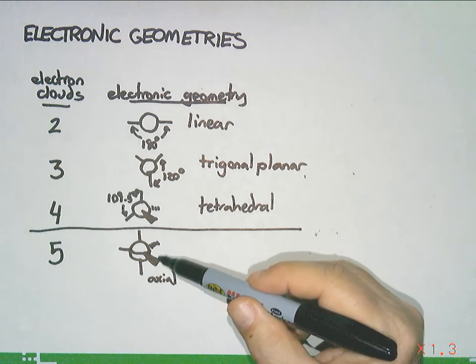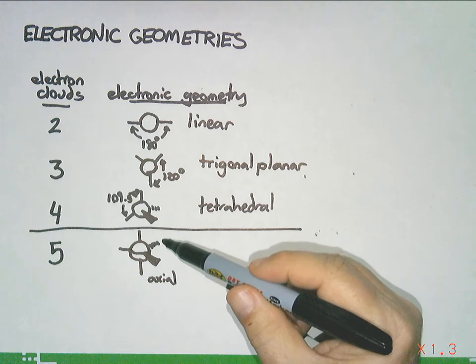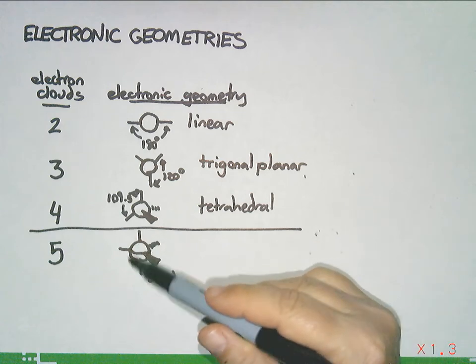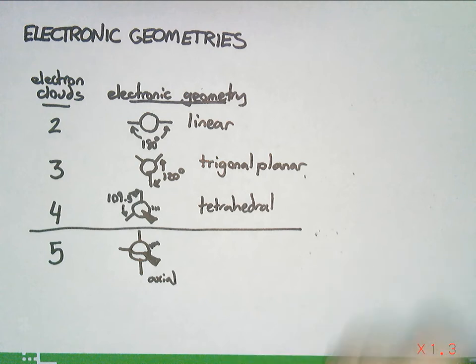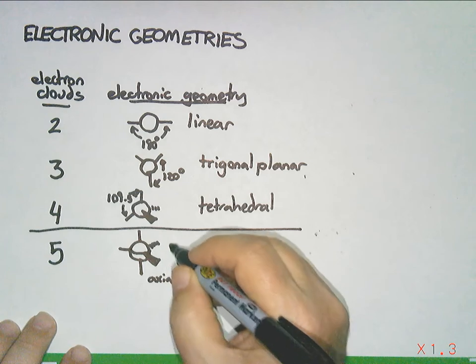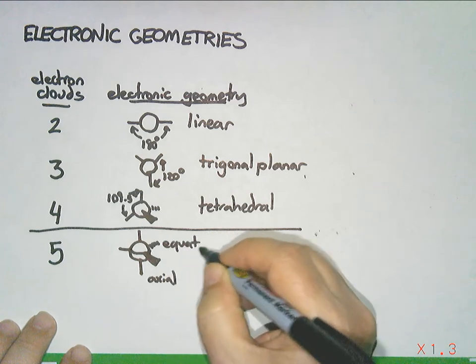If I have a wedge, it's coming up out of the paper. If I have a dashed or dotted line, it's going back into the paper, and these other ones are in the plane of the paper. So you can picture this in 3 dimensions. The trigonal planar shape that is in here is on the equator, so they call these equatorial positions.